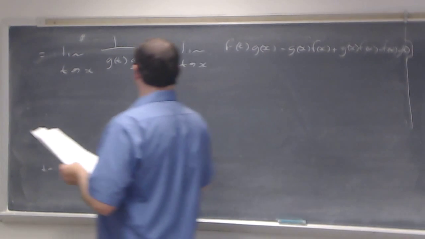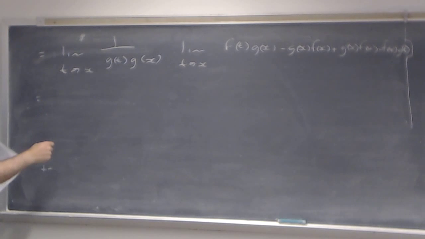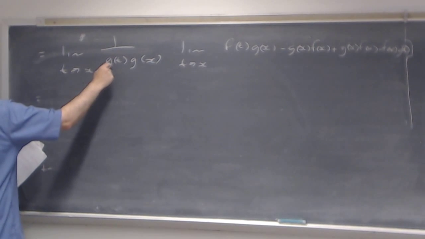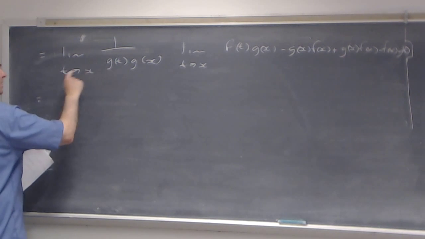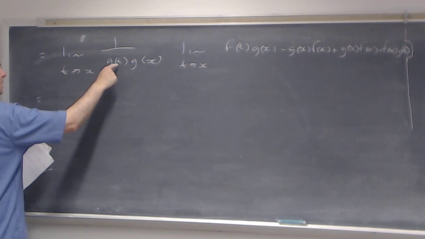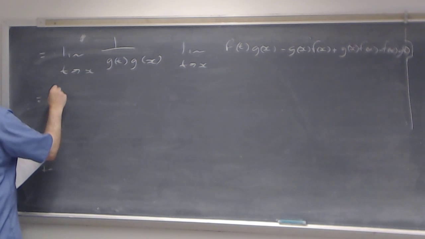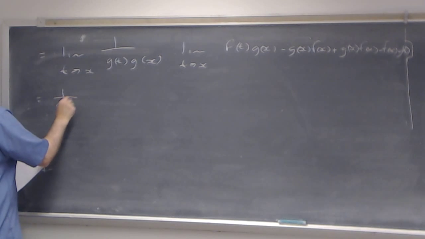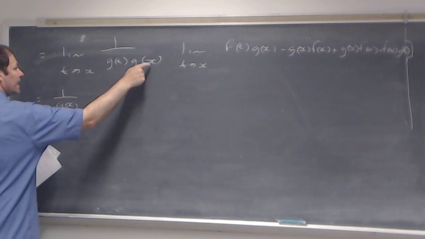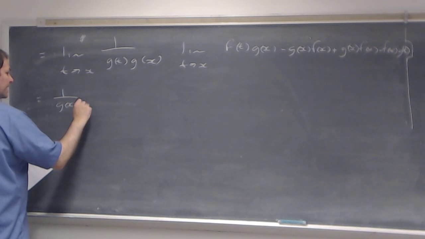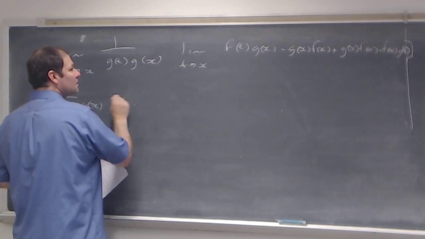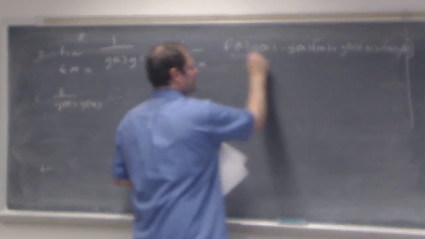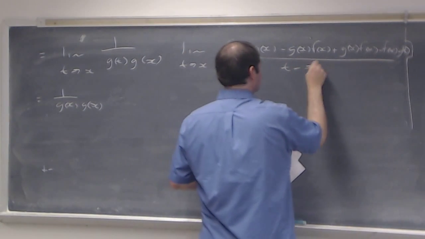All right? That's going to be equal to, well, because of the derivative of g existing at x, the limit as t goes to x of g of t is g of x, so this is equal to 1 over g of x, and the limit as t goes to x of g of x, that's the limit of a constant, that's g of x, here, times, oops, I forgot something. Over here it should say t minus x.